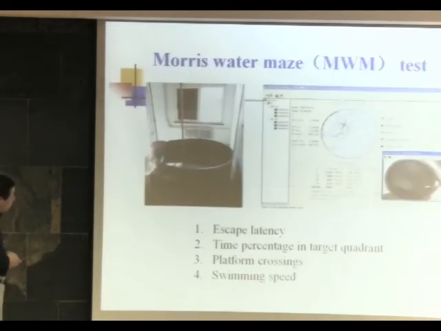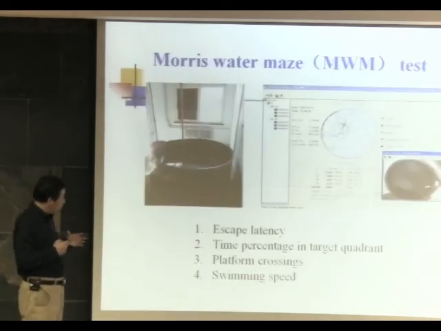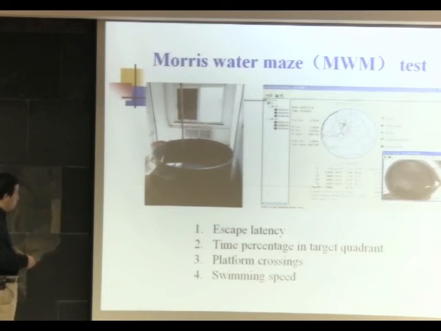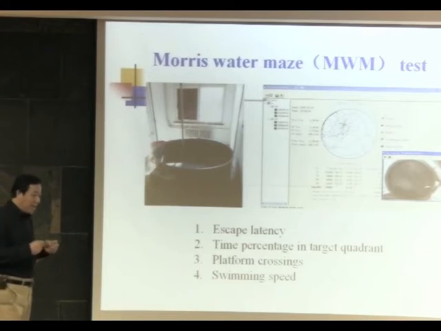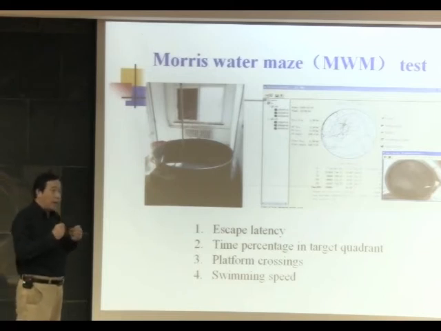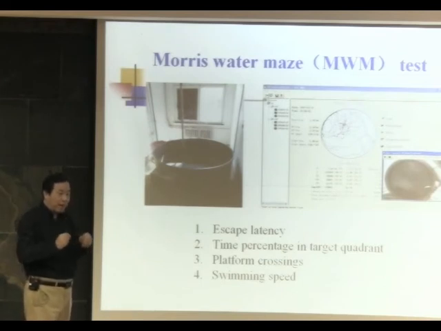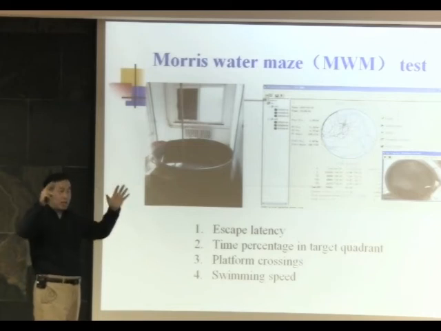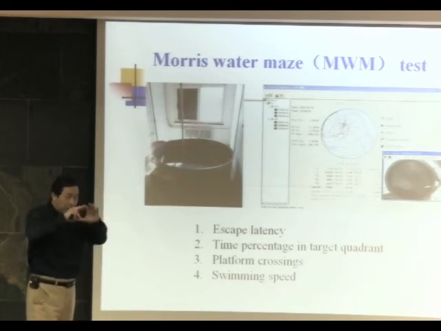And we will collect several parameters. For instance, we will collect the escape latency. Escape latency is the time the animal takes to find the platform, because the platform is under the water. The water is all black and the circumstances are dark.